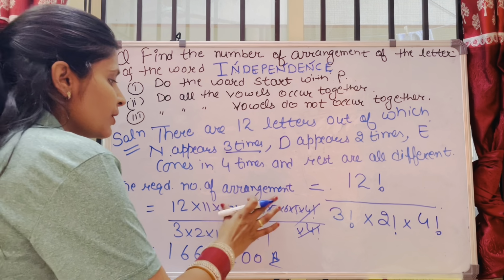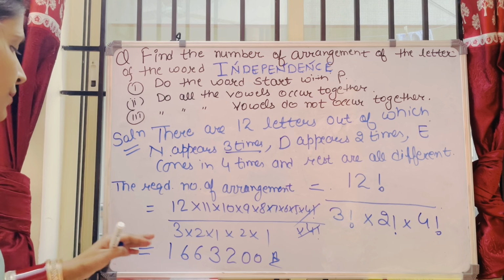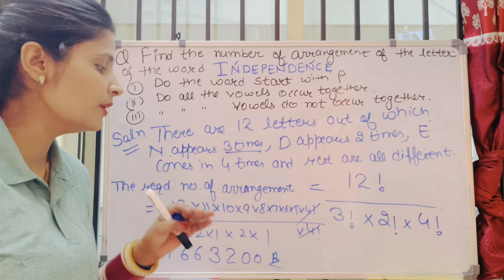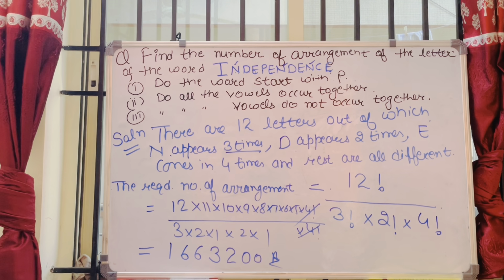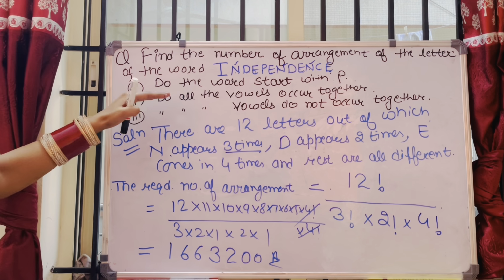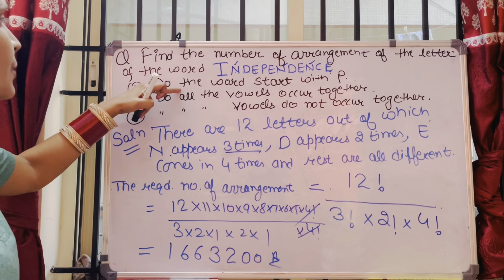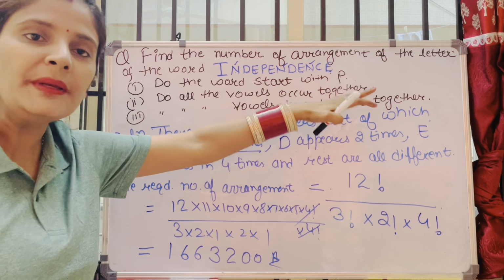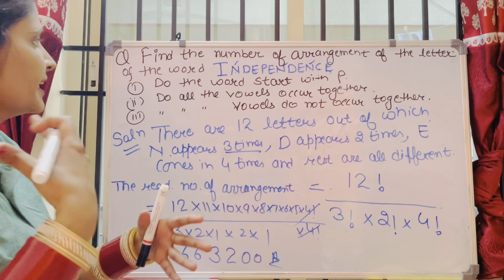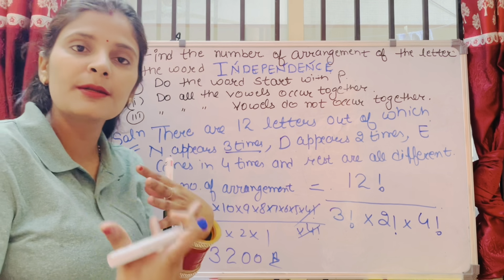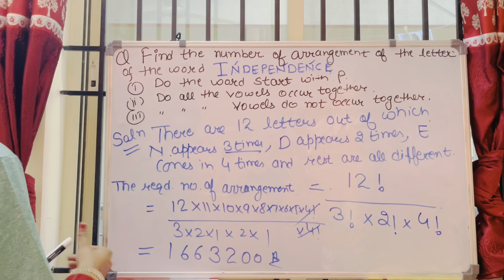The required number of arrangements is equal to 166,320. Now first discuss the first condition, that is, does the word start with P. To find the number of arrangements when the word starts with P.